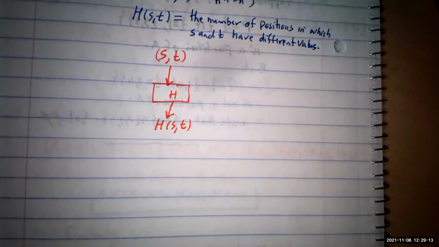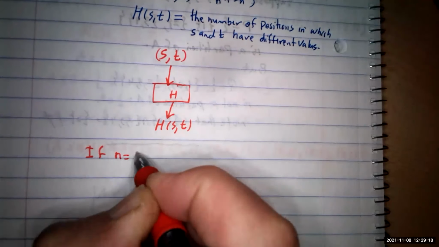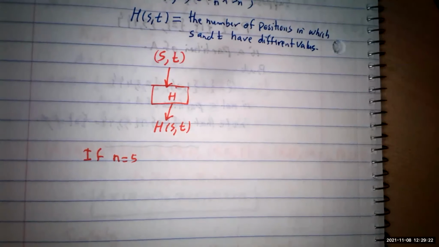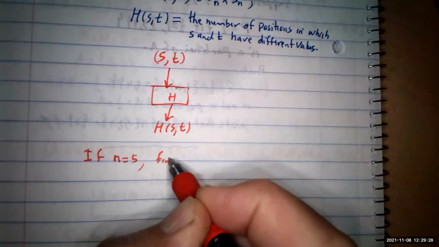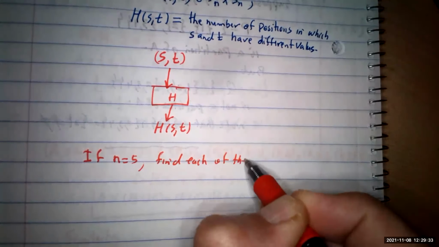Okay, so we want to try it. Suppose n is equal to 5, meaning the length of your code is going to be 5, of 0s and 1s. We want to find each of the following.